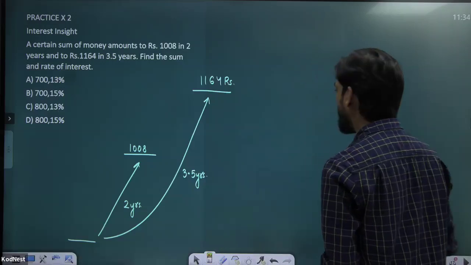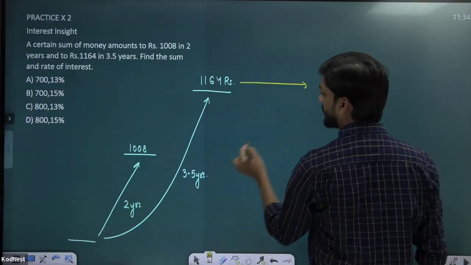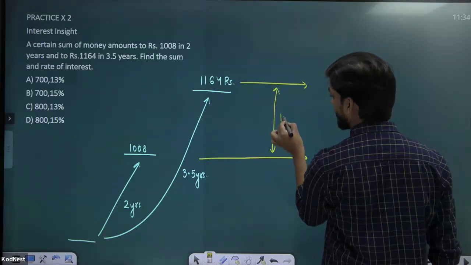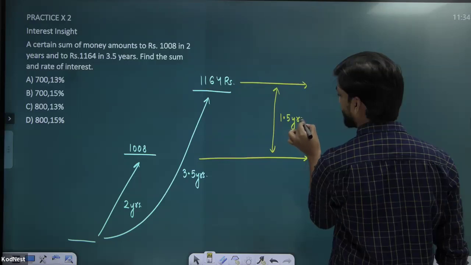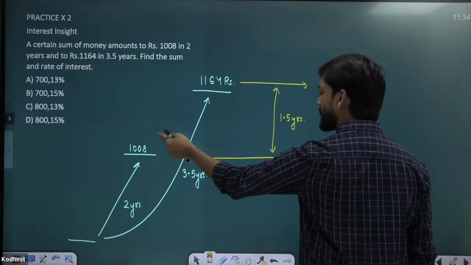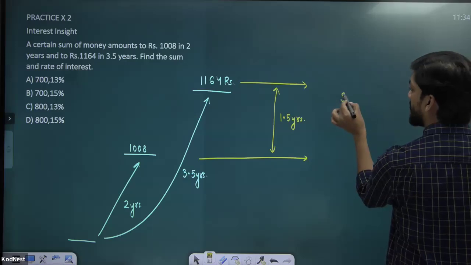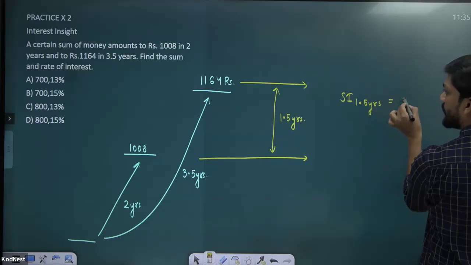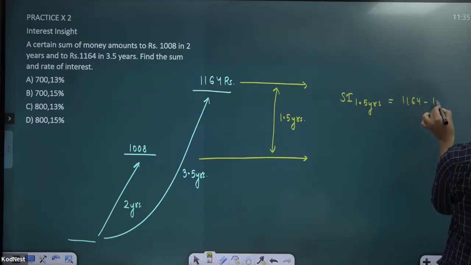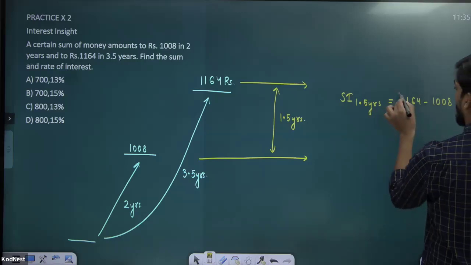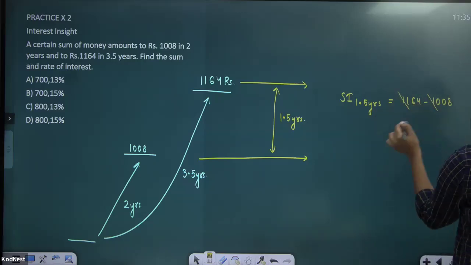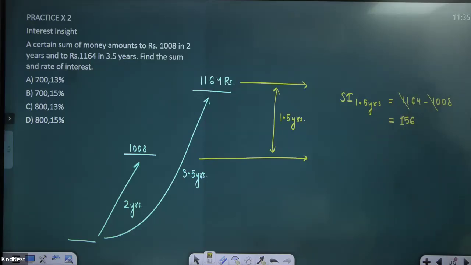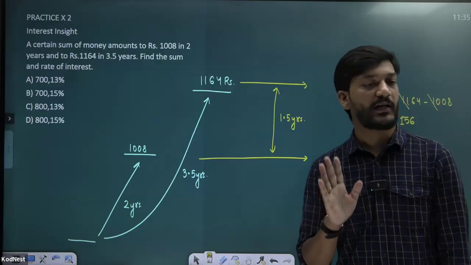So in the last 1.5 years, the difference of these two values is your interest. So simple interest of 1.5 years will be equal to 1164 minus 1008. Now 1000 will cancel. 164 minus 8 is 156. Okay, so 1.5 years, 156.